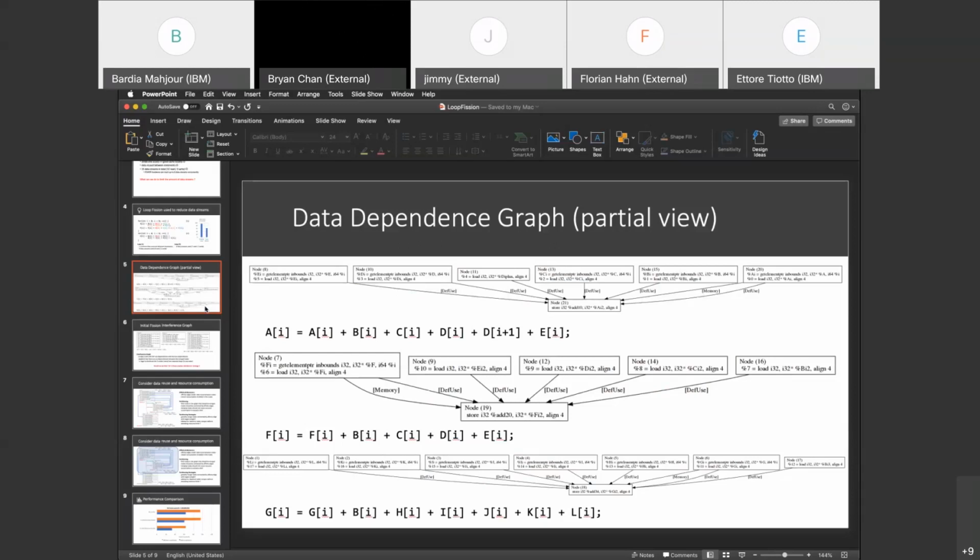Right. So if you redundantly load the same array elements in different parts of the block, then that corresponds to an input dependency. If you were to reuse the first load, because it is redundant, then obviously there is no new load, so there is no new node for that load in the data dependence graph.